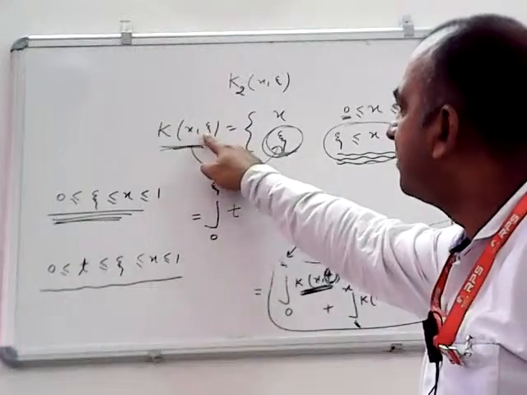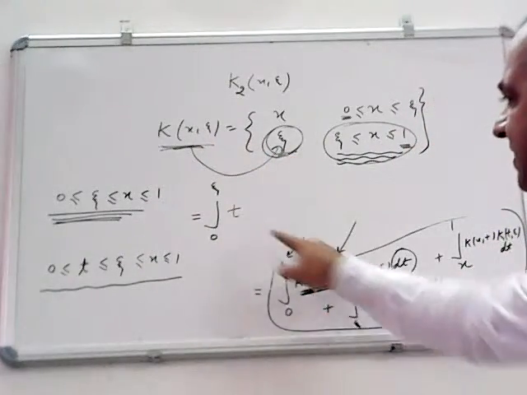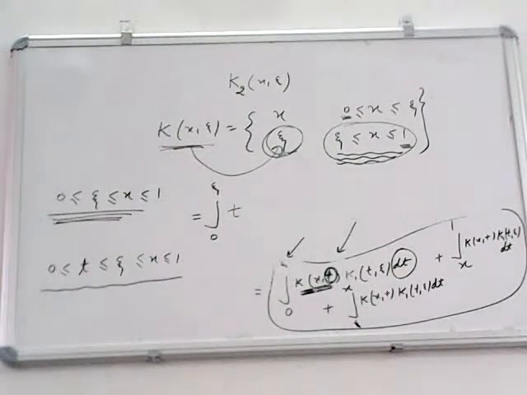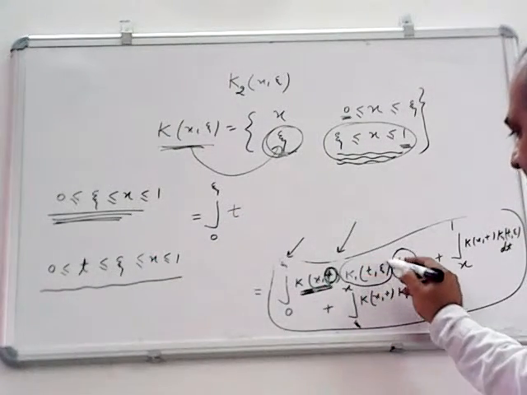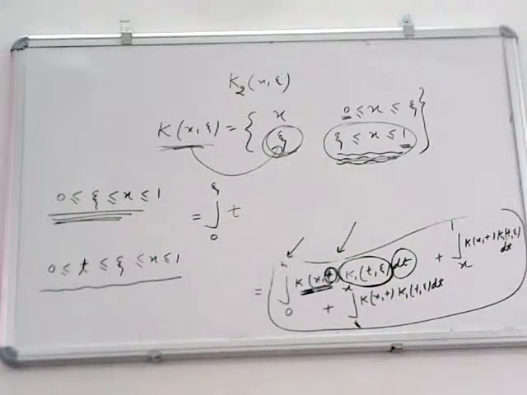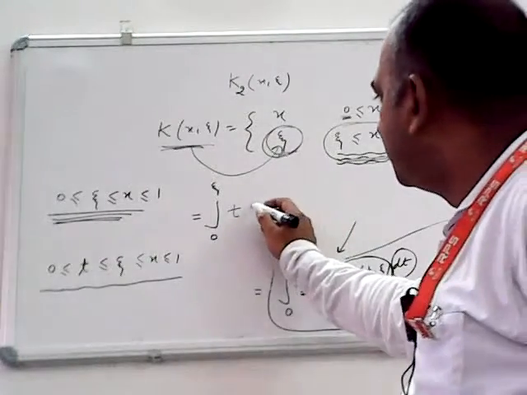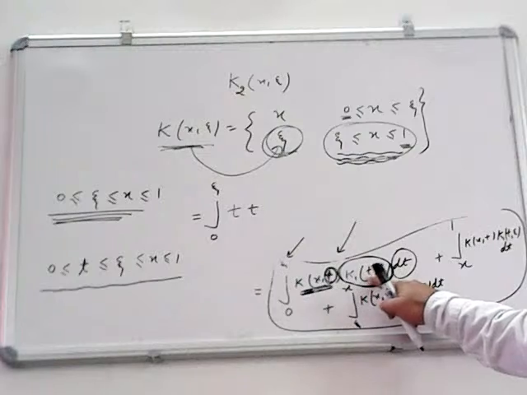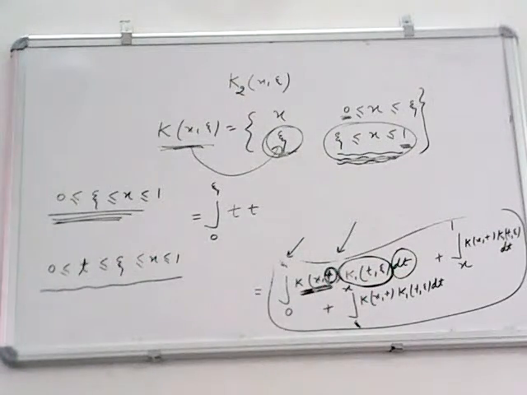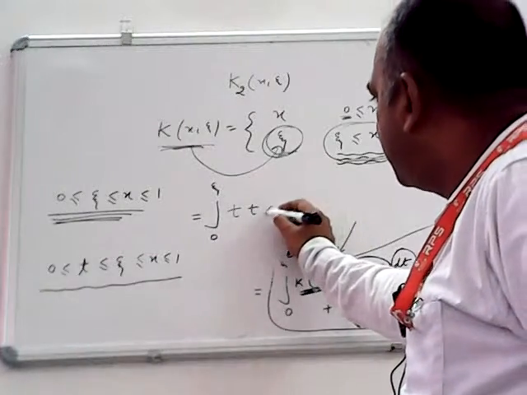So as x comma xi is xi, x comma t will be t. So we have used t here. Now we have k1 t comma xi. So again, at this place we will use the value t, so we will again have value t, then dt.